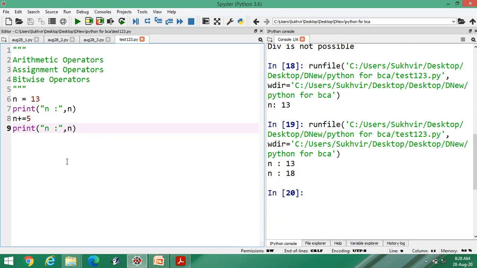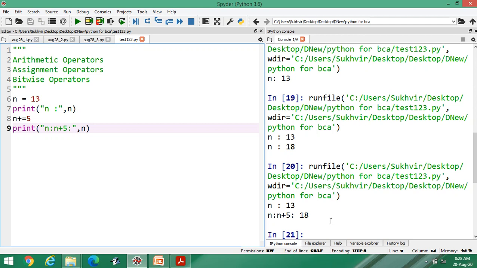You can write here n is equal to n plus 5, then equal to, like this. Now the value is 18, n is equal to n plus 5. You can write equality sign here like this.